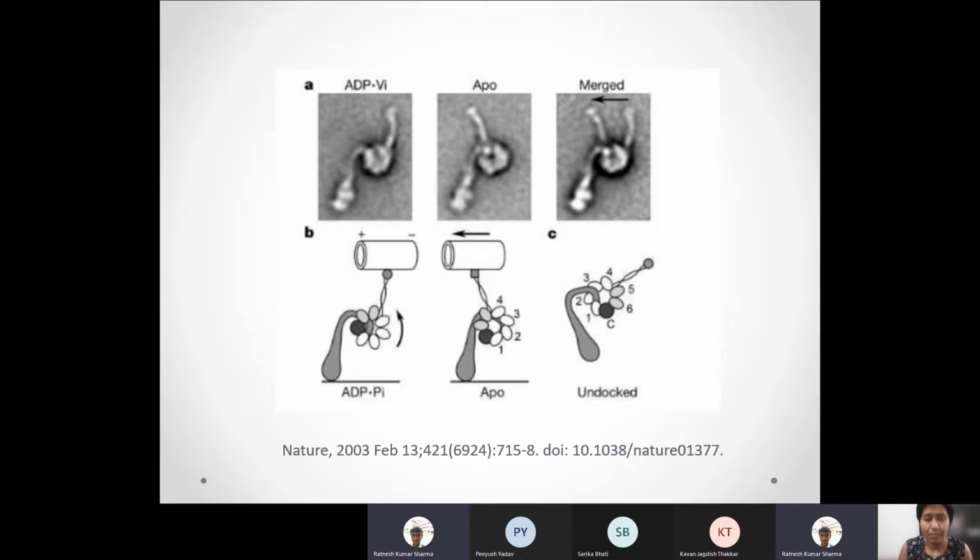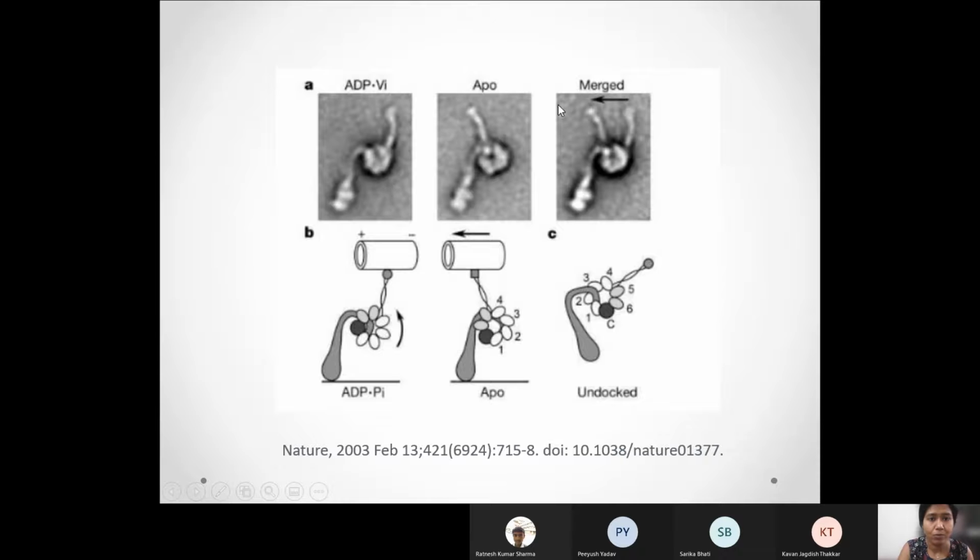So the idea was to understand how the ATPase activity and microtubule binding activities translate to mechanical motions within the dynein molecule itself. To do this, they took dynein and had it either in a conformation where it is bound to ATP or an ATP analog, or not bound to ATP, that is free of it. Then they put it on microtubules and did cryo-electron microscopy to understand what kind of structural conformations it could have.